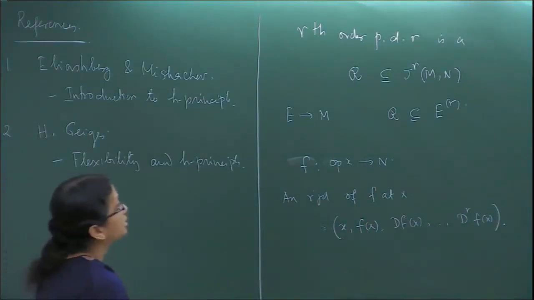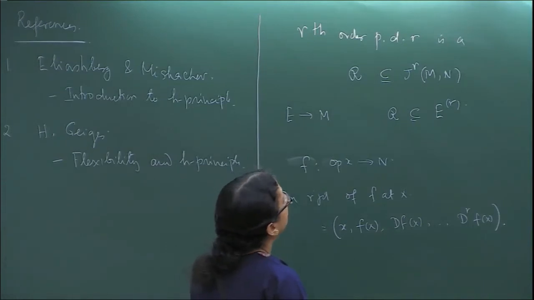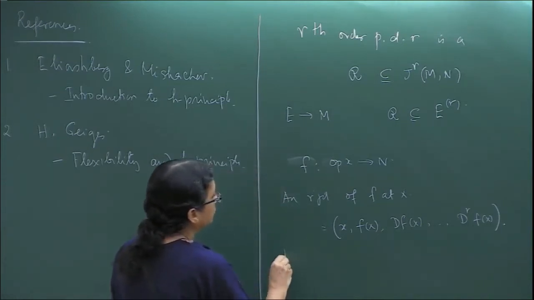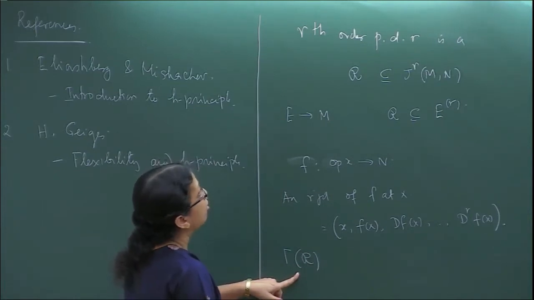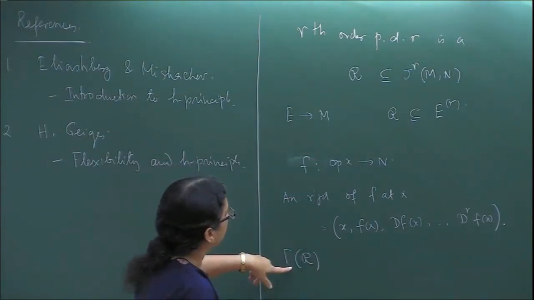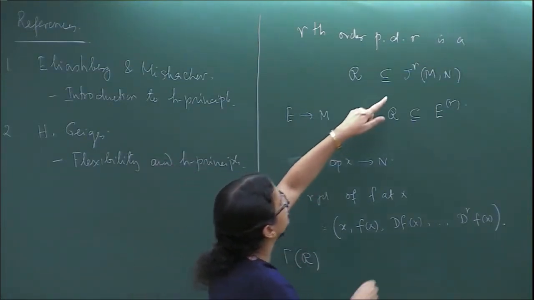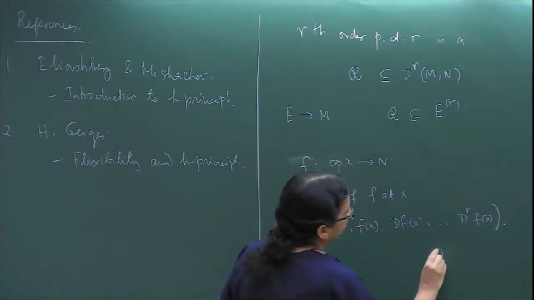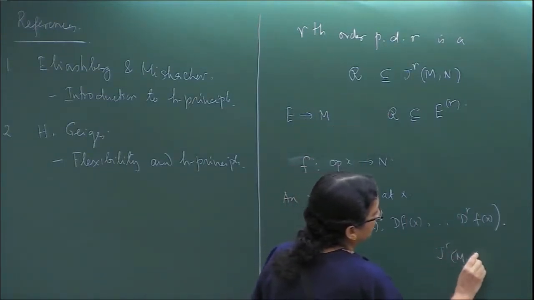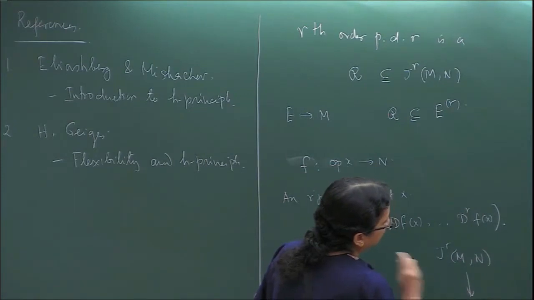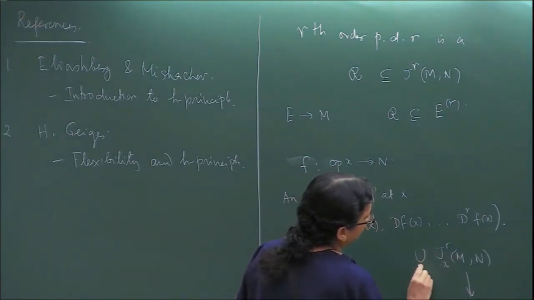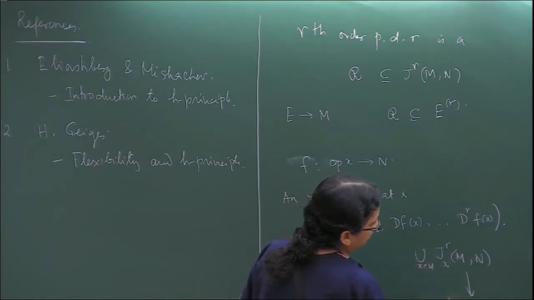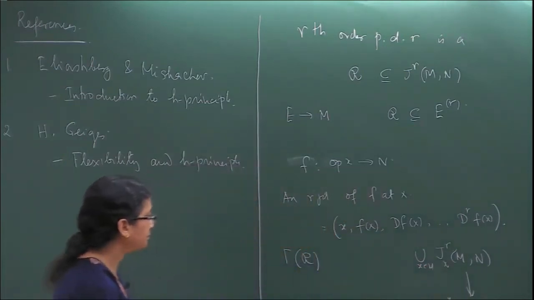So that was a partial differential relation, and we defined two spaces. One we call the formal solutions of the relation. They are nothing but the sections of the jet bundle. So the jet bundle means that you have a bundle structure over this, and this X projects down to this. This is the fiber.